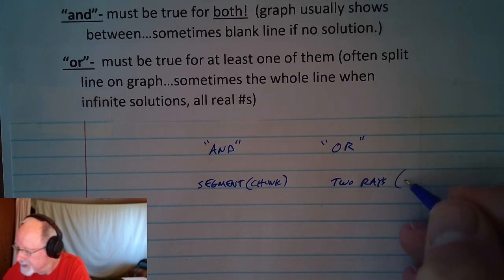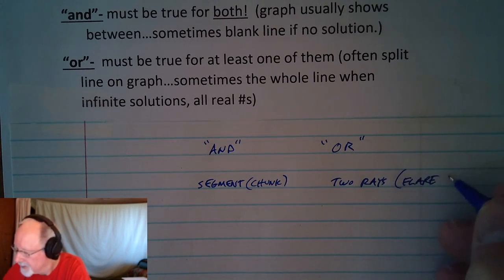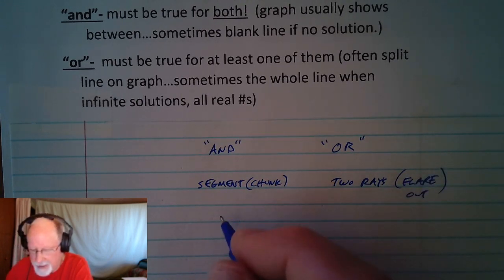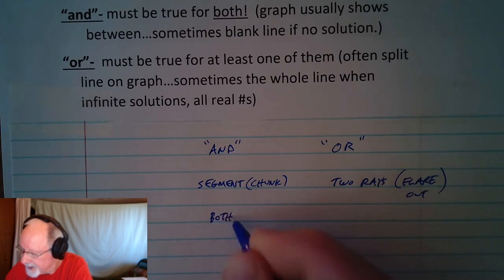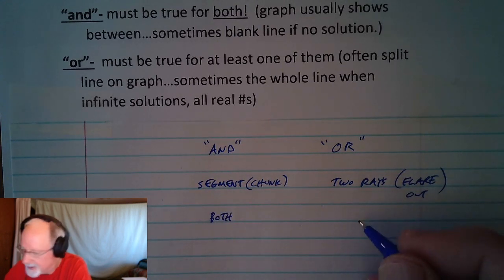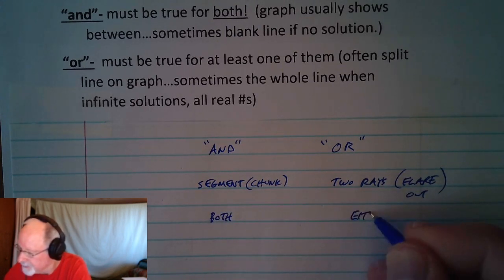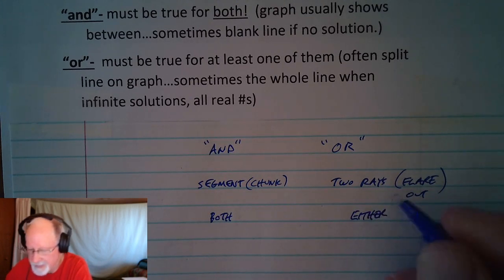In other words, they flare out towards infinity. Both are true, just like in those definitions I have above, and here either one has to be true. Both do not need to be true, so either.